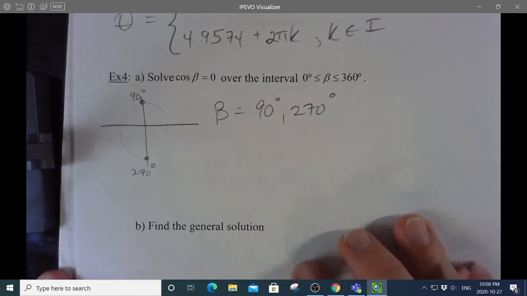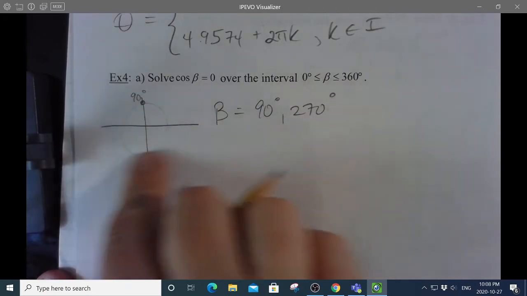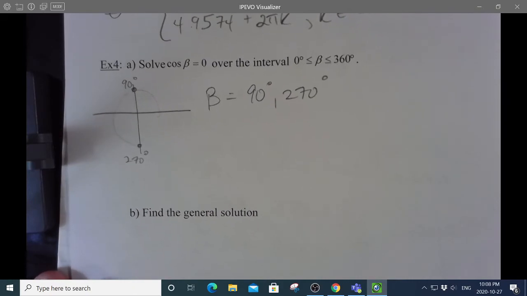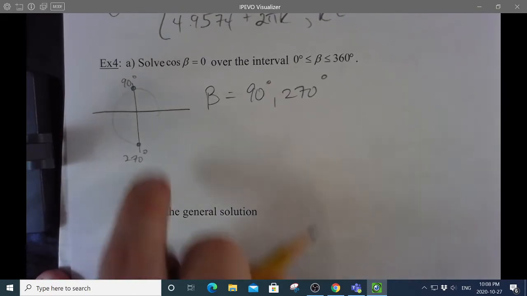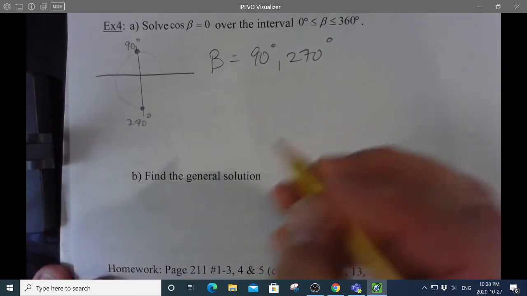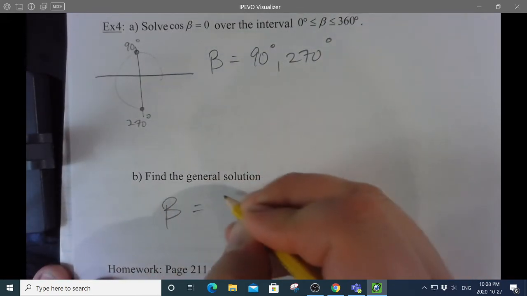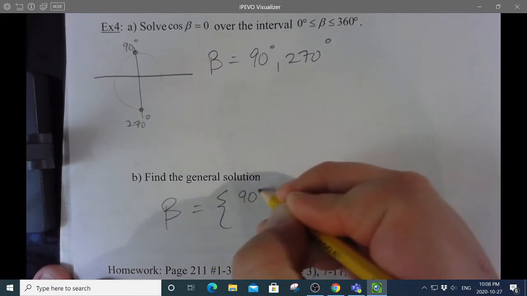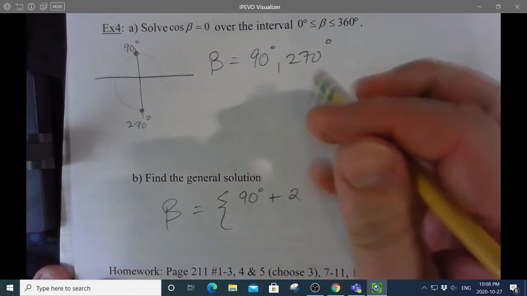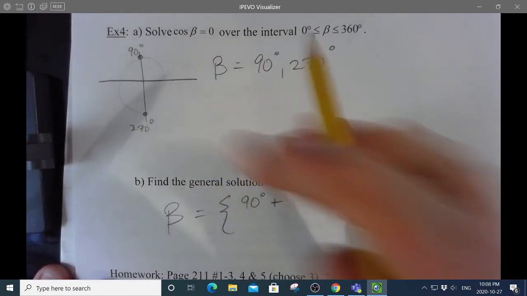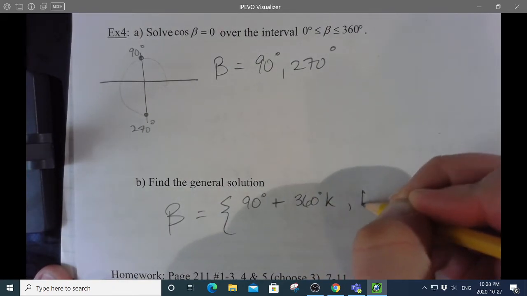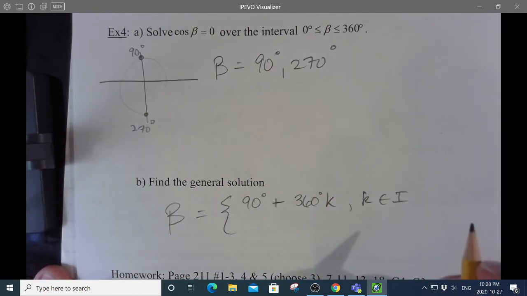But what if I wanted the general solution? Spin around to infinity, hit those 2 spots on the line there and as many times as you like. Spin to win, pretend it's the wheel of fortune and you're spinning. Well, the general solutions are beta equals 90 degrees plus, no, not 2 pi, we're in degrees, 360 degrees times k, where k can be any integer you like.